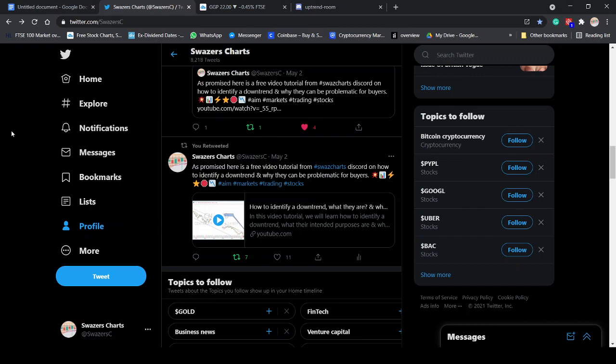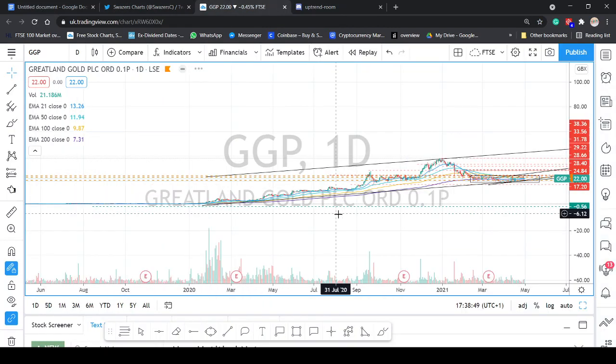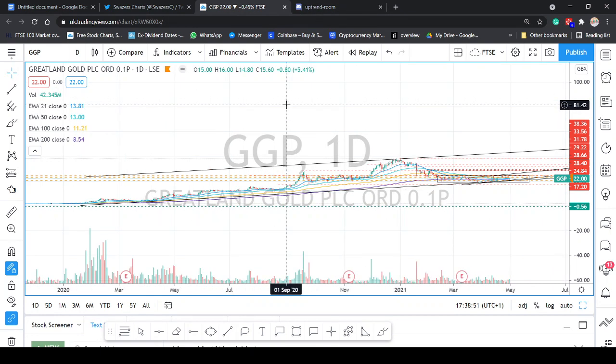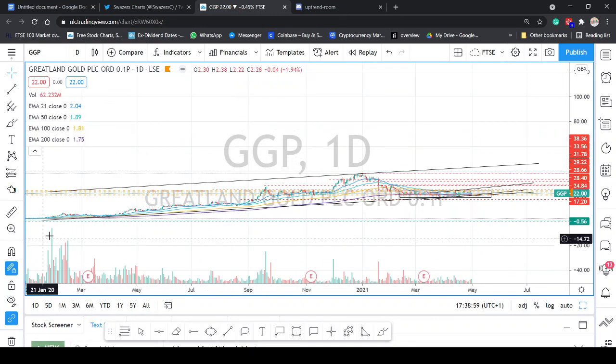So let's have a look at GGP. What I like to look at on the charts to pretty much start off with is the big picture. So we look at the daily chart. This is the macro view with GGP, and I think we've got a large macro uptrend.